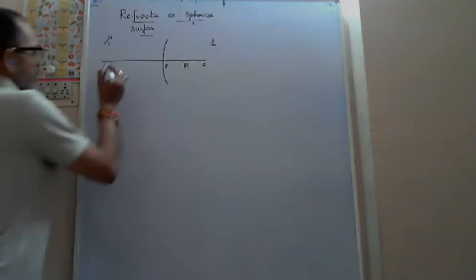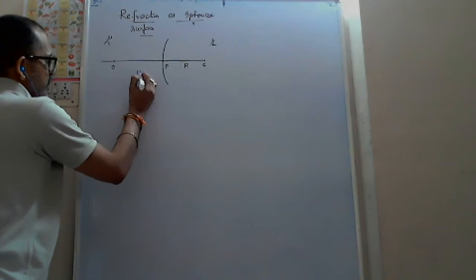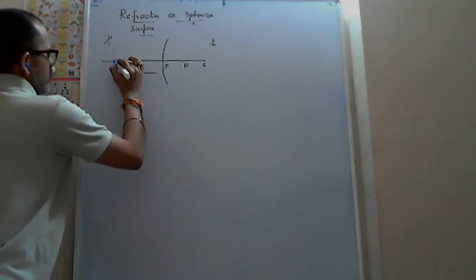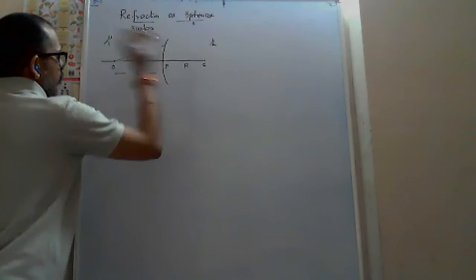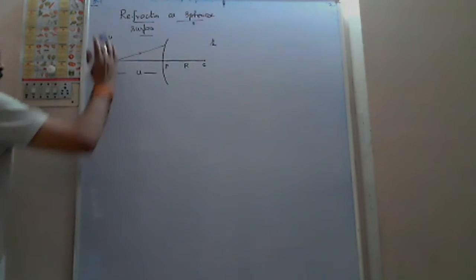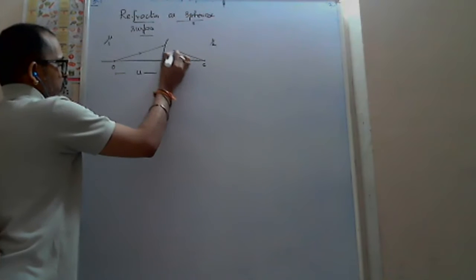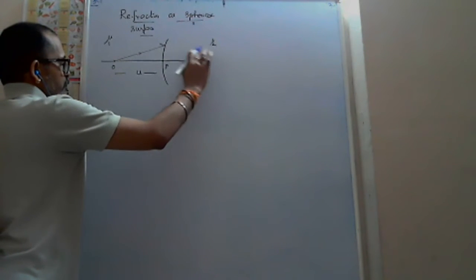And suppose I take one object on the principal axis, somewhere here at a distance. And this is the light ray incident on the surface. Depending upon the refractive index, this is the normal. Normal means for the spherical surface, the normal is the radius only.